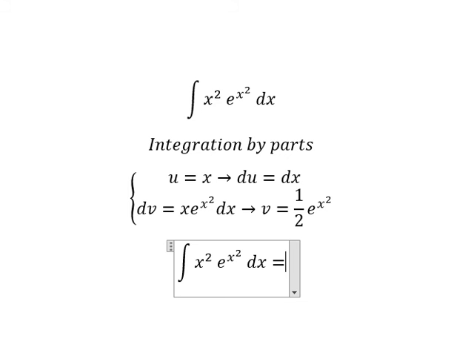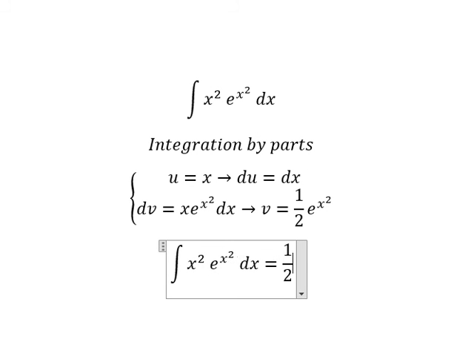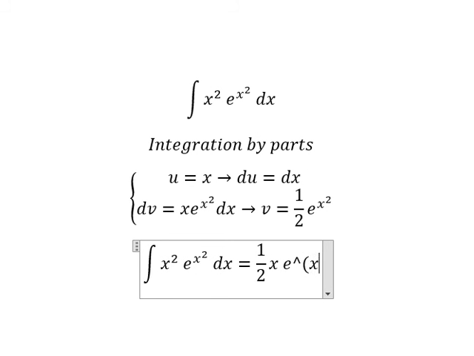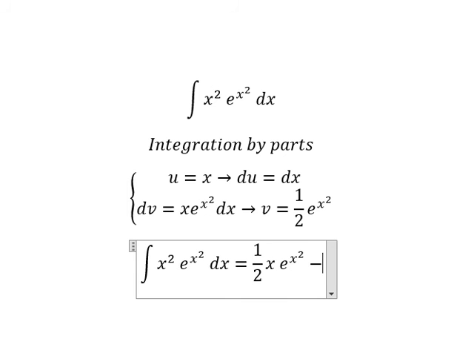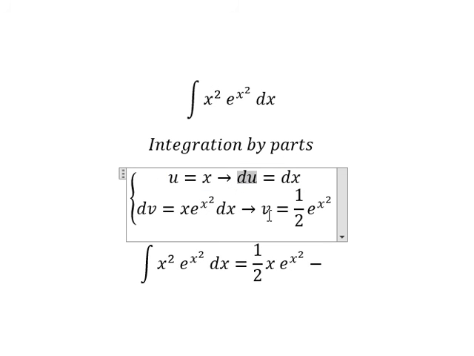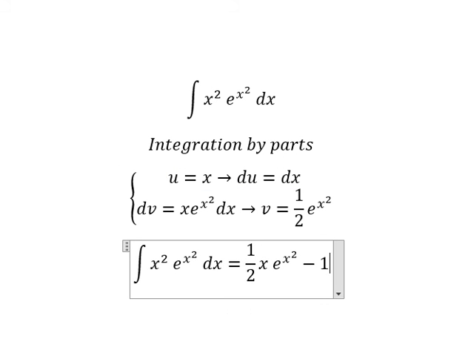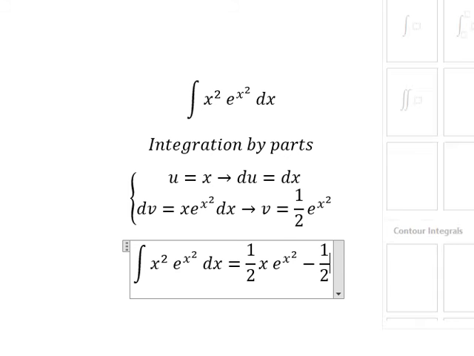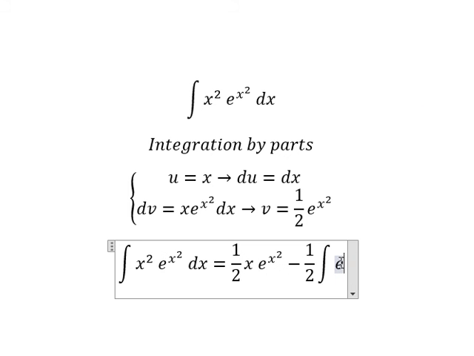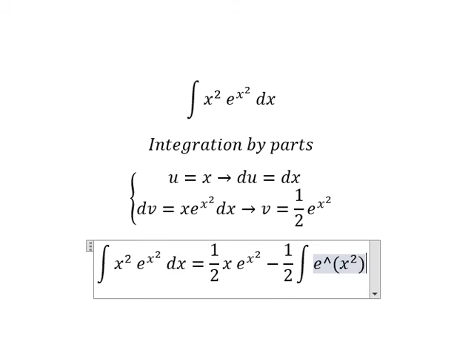So we have u multiplied by v, minus the integration of v du. So we have the integration of e to the power of s square ds.